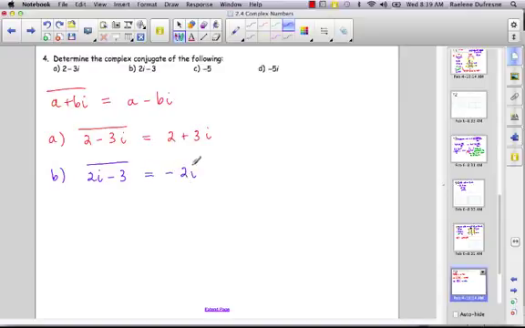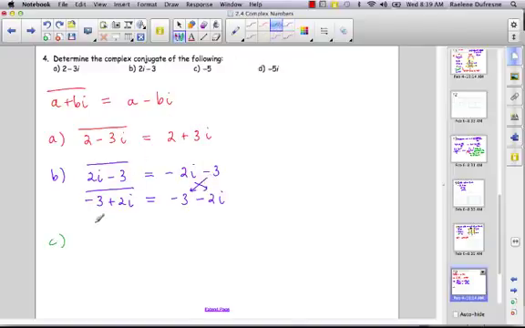So we get negative 2i minus 3. Well, people might want to write this with the real part first. Negative 3 plus 2i has a complex conjugate of negative 3 minus 2i. So we're just switching the order of these terms.